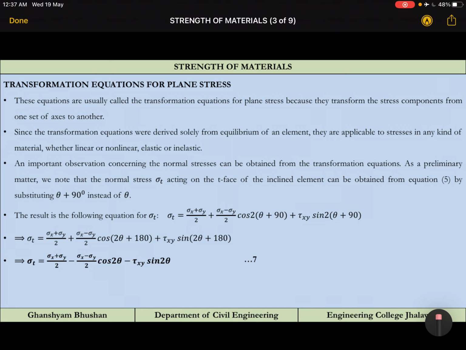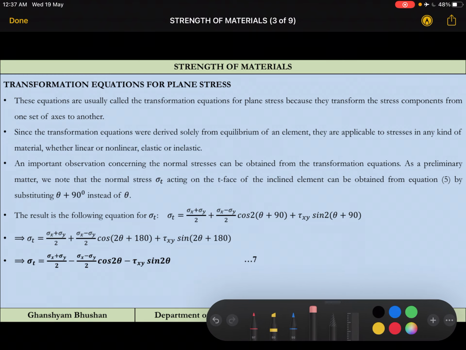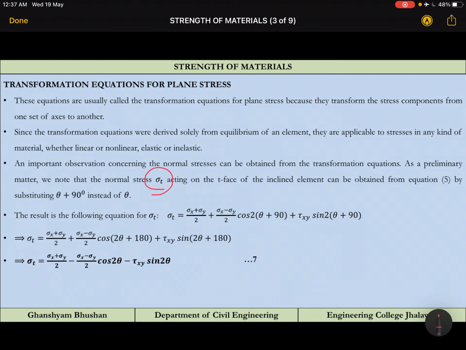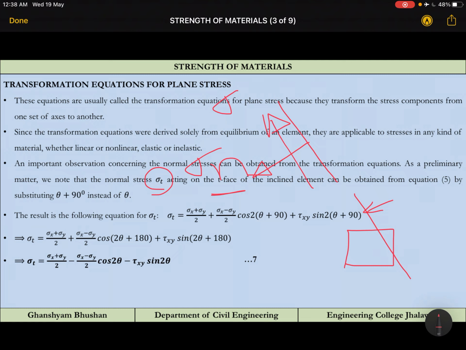An important observation concerning normal stresses can be obtained from the transformation equations. As a preliminary matter, we note the normal stress sigma t, which is acting on the t plane. So this was our element and this was our plane, something like this. This is sigma n and this is tau t.